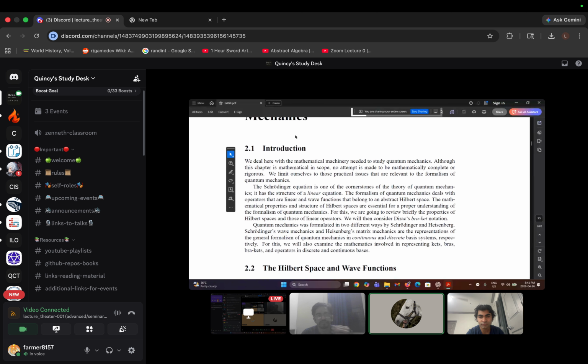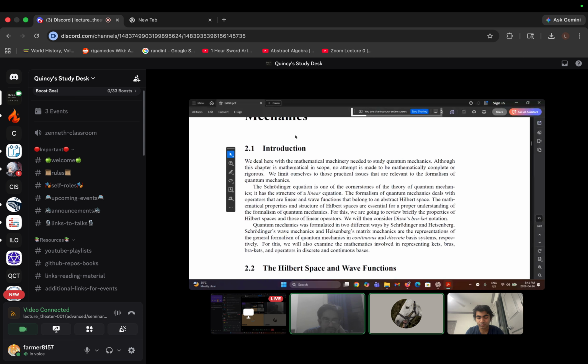It has the structure of a linear equation. The formalism of quantum mechanics deals with operators that are linear and wave functions that belong to an abstract Hilbert space. The mathematical properties and structure of Hilbert space are essential for a proper understanding of the formalism of quantum mechanics. For this, we are going to review briefly the properties of Hilbert spaces and those of linear operators. We will then consider Dirac bra-ket notation.